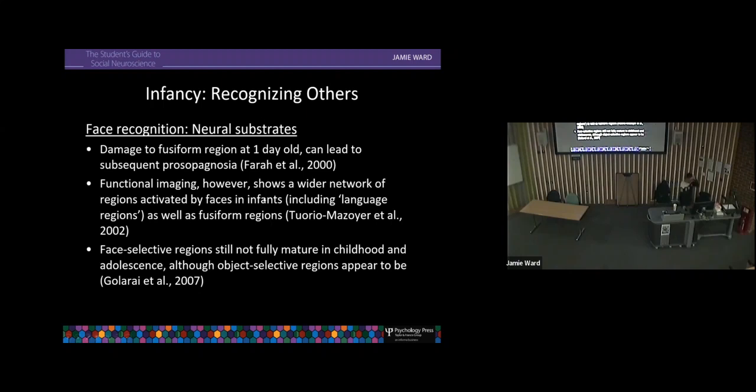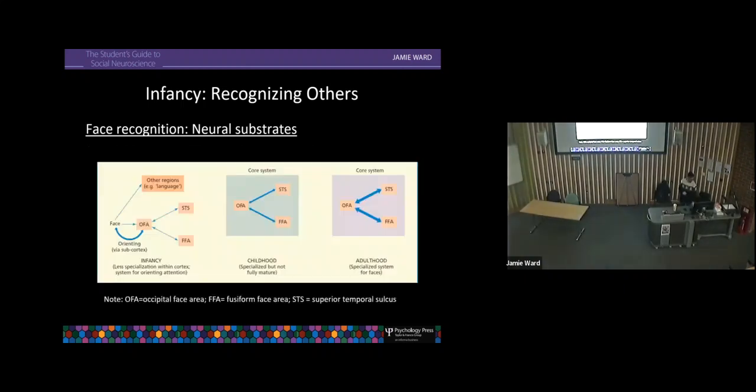And here what you find is that when you show infants faces, it doesn't just activate this region, it activates a whole other network of regions, including ones that in adults we would say are specialized for language and so on. So in adults, the idea is that you've got these specialized regions that respond more to faces than other kinds of things. But in infants, you've got less specialization.